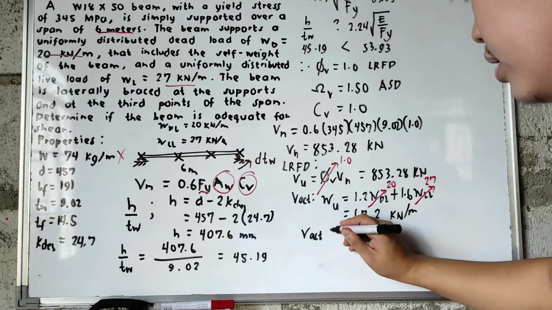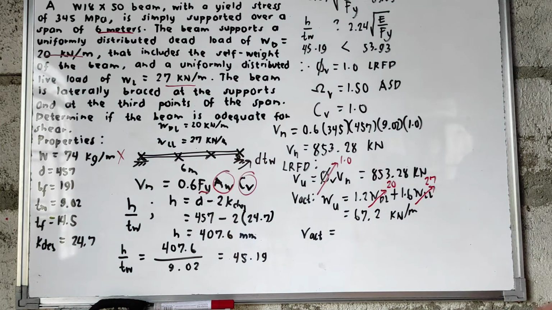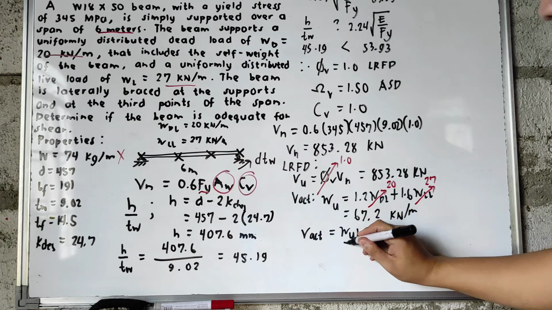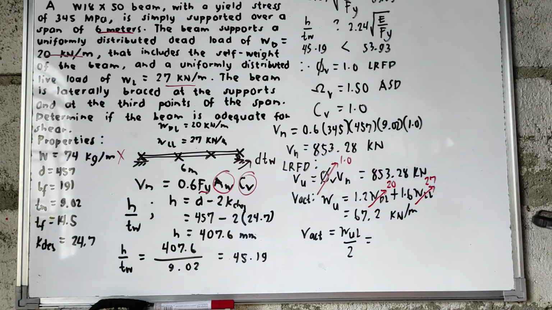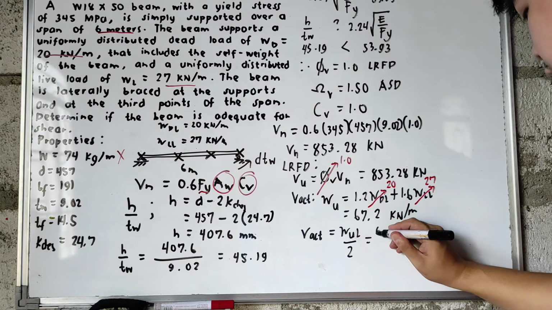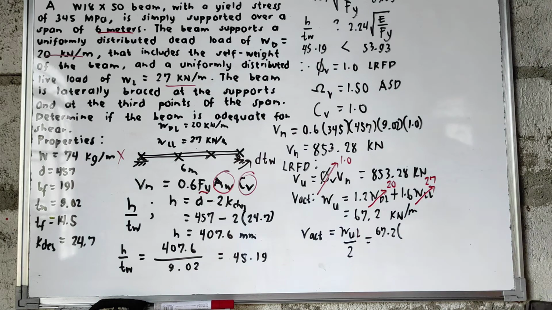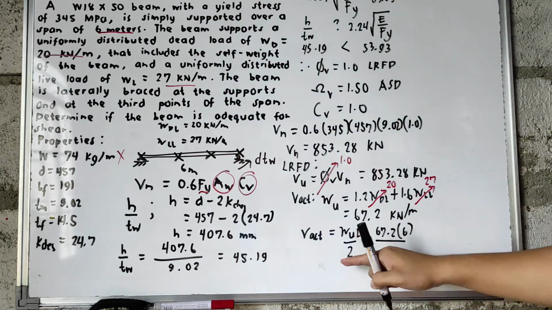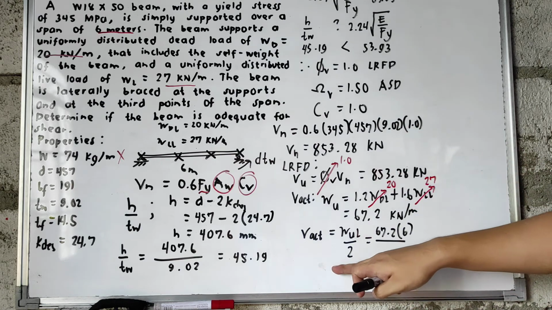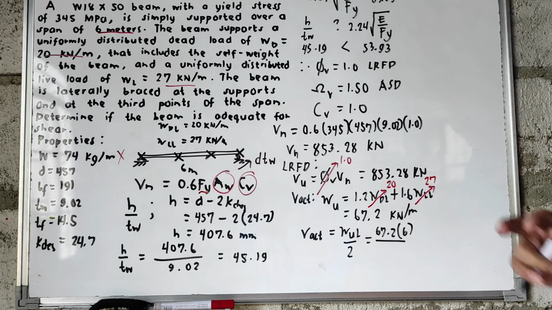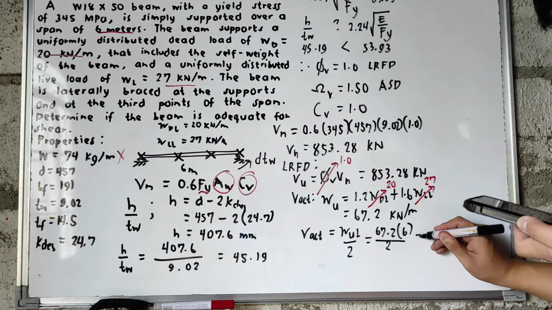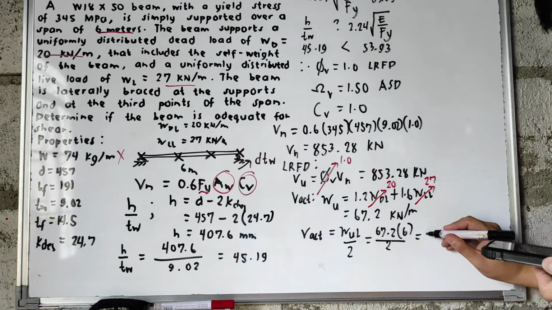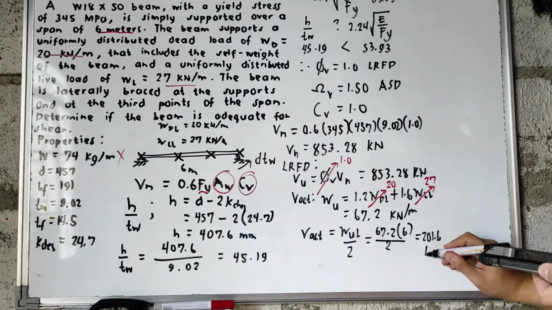V actual is equal to WU L over 2. So, we have a value of your WU, which is equal to 67.2 multiplied by L. Yung L natin is 6 meter. Since we have a simply supported beam, WU L over 2 yung formula in computing for the maximum shear, divided by 2. So, you will have a value of 201.6 kilonewton.